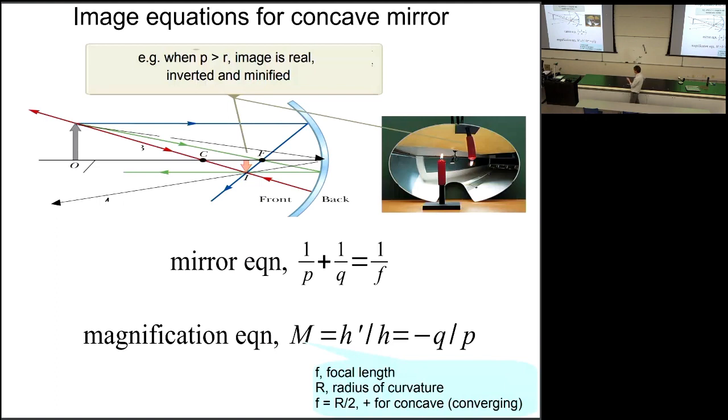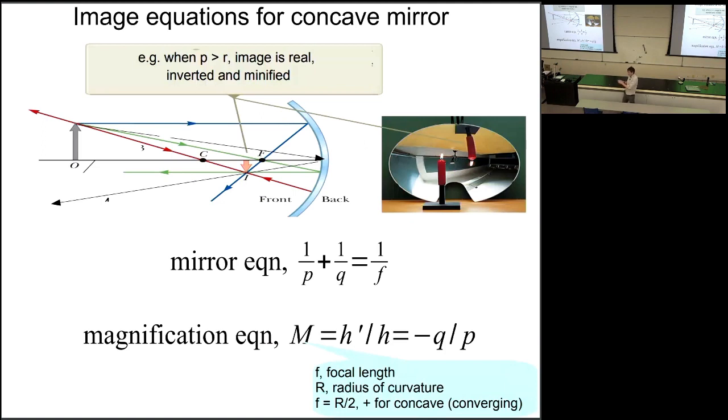So this equation involves that key property, that personality of the curved mirror, its focal length. And the two other things it involves are the object position, P, and the image position, Q.